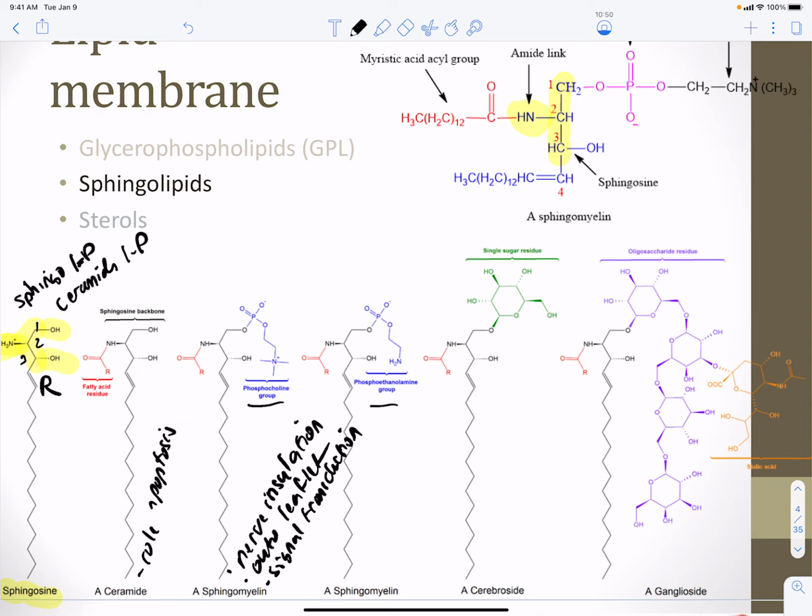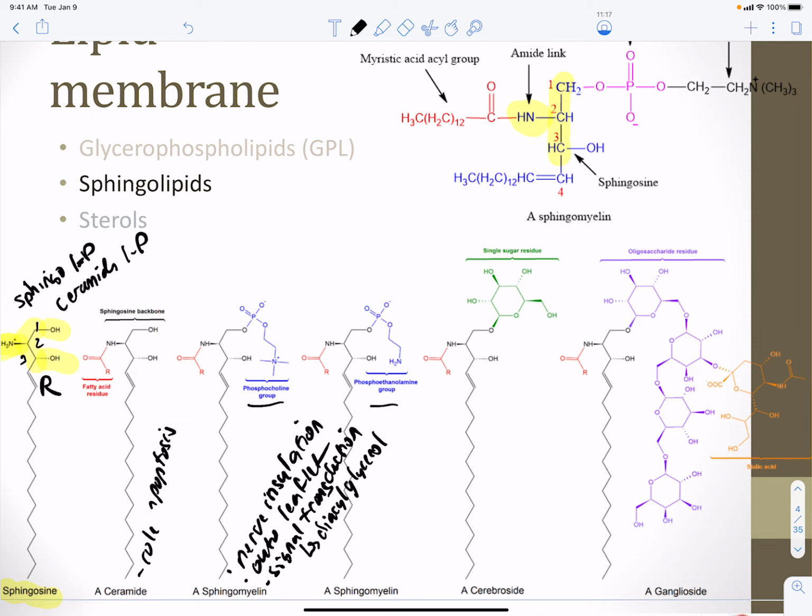One of the things that it does do with respect to signal transduction is that it's going to lead to the production of diacylglycerol. And so as we know, diacylglycerol, or DAG, does have a role in signal transduction.